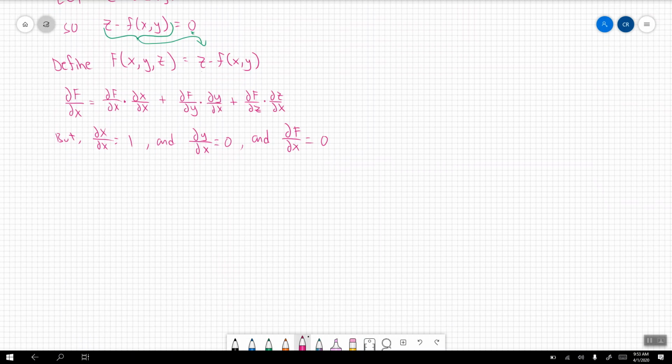So using all of this, I'm going to resubstitute into what I have here. This means that my partial of F with respect to x is 0. Partial of f with respect to x, that's going to be multiplied by 1, plus partial of f with respect to y, that's going to be multiplied by 0. And then finally we have the partial of capital F with respect to z multiplied by the partial of z with respect to x.